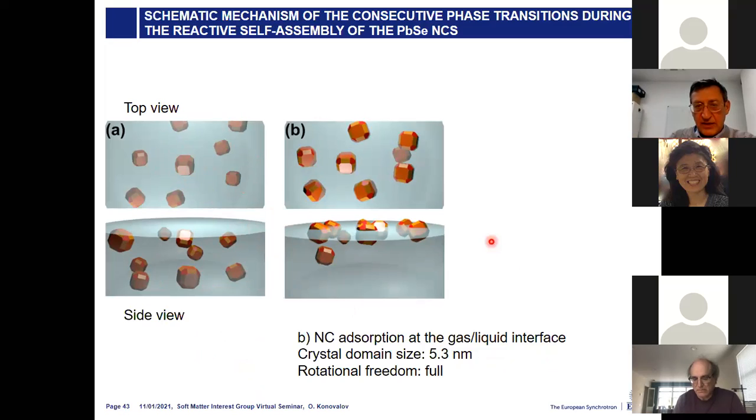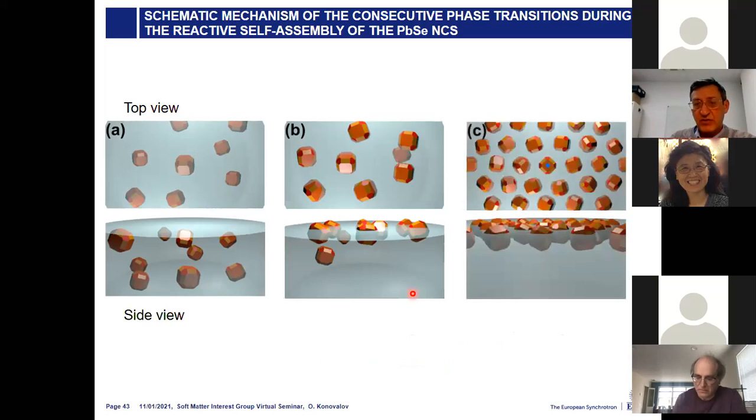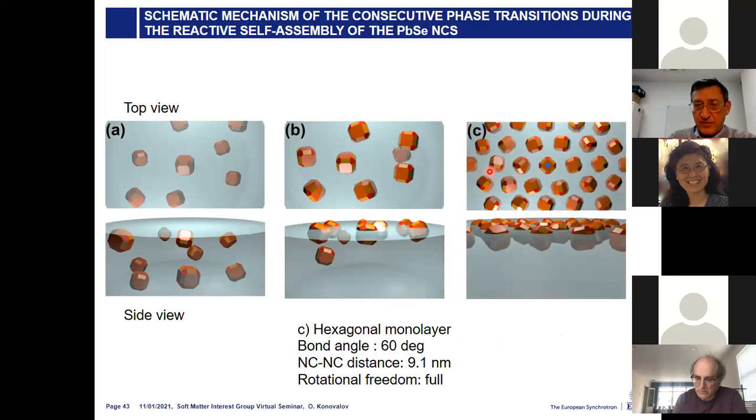But at the same time, the particles have full degrees of freedom to rotate near the interface. When they rotate, effectively they look not like faceted or truncated cubes, but more like spheres. So when the number of nanoparticles increases, but still with full rotational degrees of freedom, they pack in a hexagonal manner, because it is like a close packing of balls. These are not hard balls but soft balls, but they pack in a hexagonal structure.